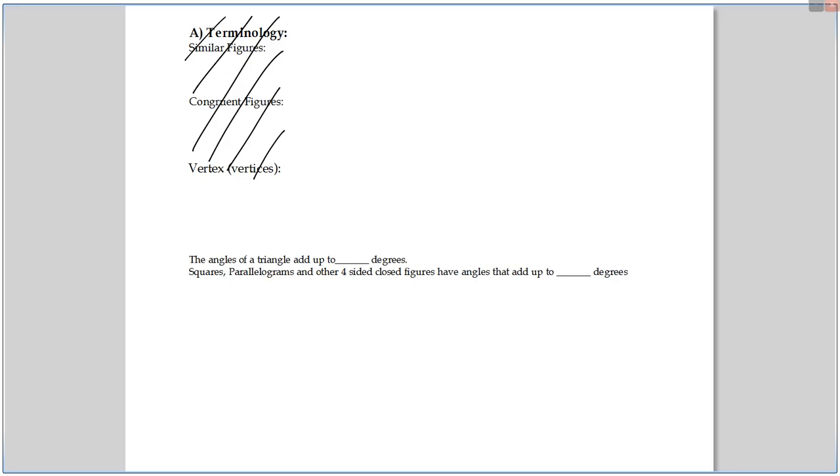And I want you to, you guys got some blank space there? Perfect. Let's go like this. Labeling triangles. This is what I want you to put a new title, underline this, labeling triangles. And they have to be right triangles.